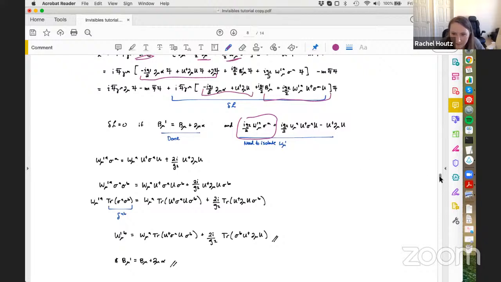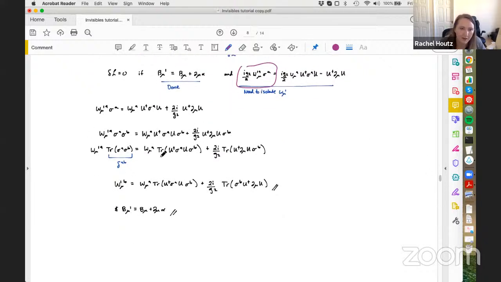But that's pretty simple. It's just a bit of algebra. So we say, all right, we know W mu prime times sigma a gives you W mu a times U dagger sigma a U plus this other piece, U dagger partial mu U.